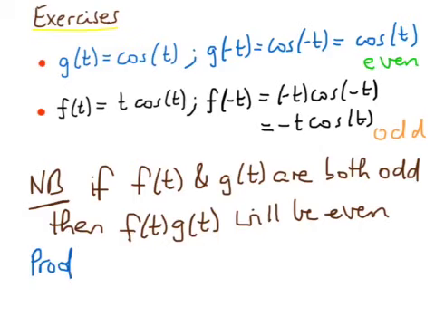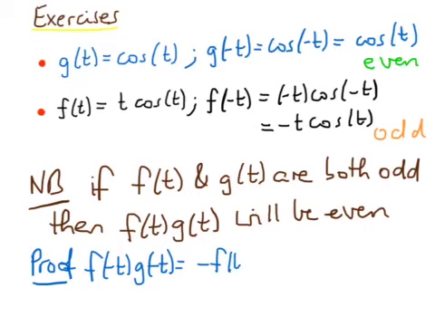is we take f evaluated at minus t multiplied by g evaluated at minus t. Since these are both odd functions, f of minus t is minus f of t, and I'll put this in brackets, and then this is multiplied by g of minus t.